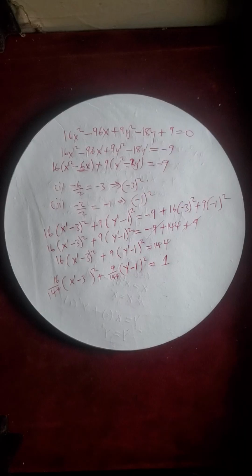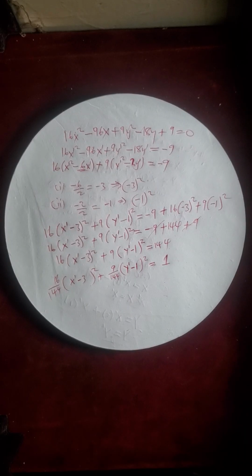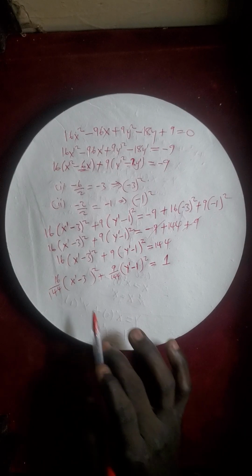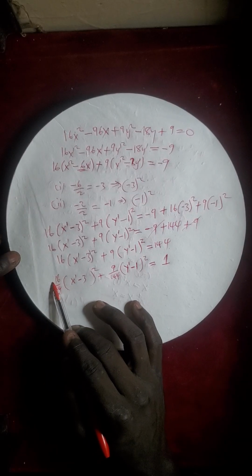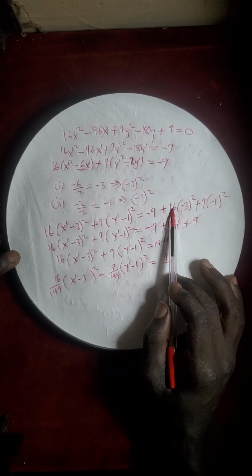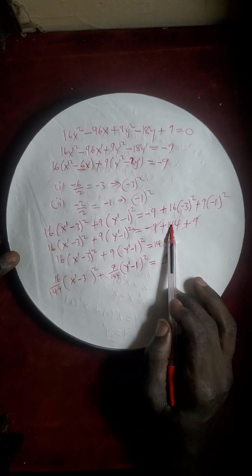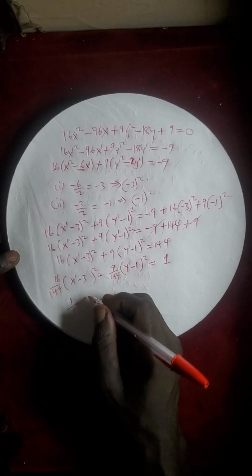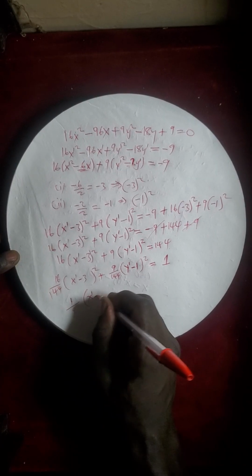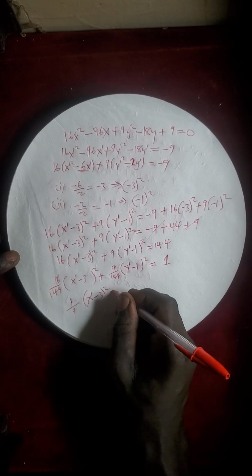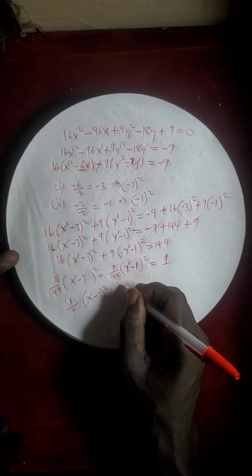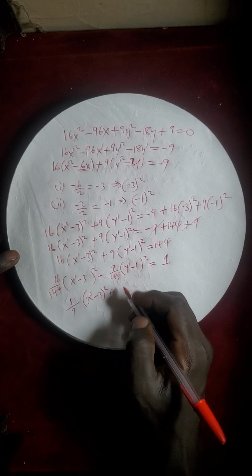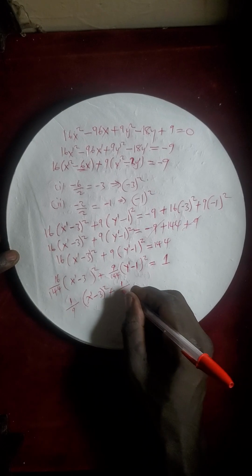So this is going to give you 16. You can see 16 was multiplied by 9 to give you 144. So it becomes 1 over 9 there. Same case, 9 there, it's 1. Then down it will be 16.